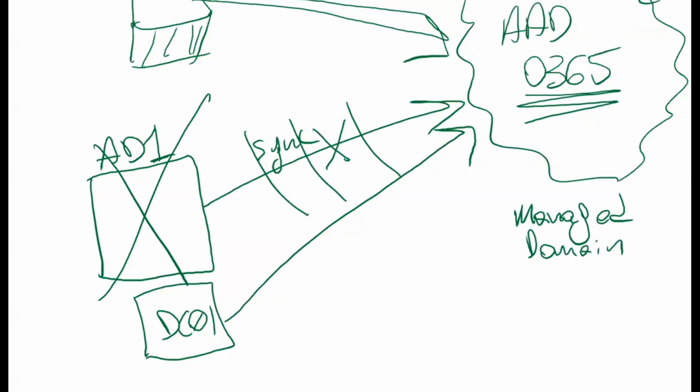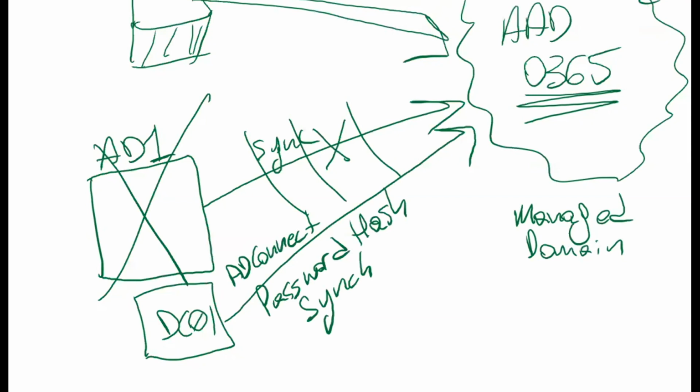And what AD Connect is doing, again, this is the default setting of AD Connect, is it's doing a password hash sync, okay? So password hash sync is a one-directional synchronization of a password hash that's generated on DC01. So let's say there's a user called John Smith, and that user has a password. So AD Connect will calculate a one-directional hash and then store it in Azure AD associated with that user object.